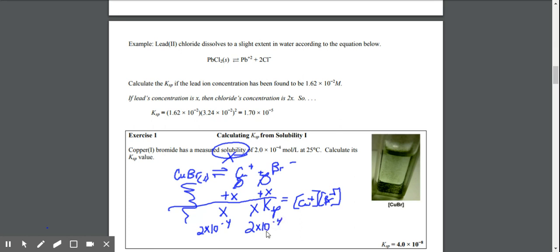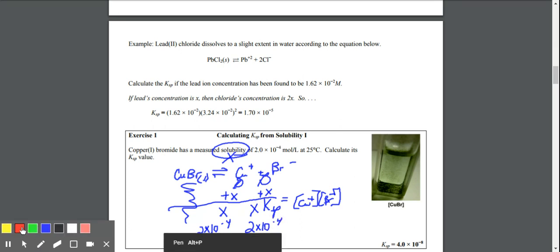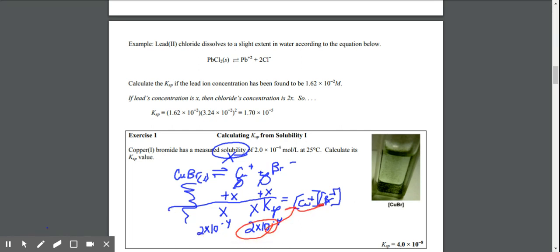And so now all I do is plug these two values into my K expression. So Br minus and Cu plus. Those values are going to be plugged into my Ksp expression, and you'll solve for your Ksp, which is 4 times 10 to the negative 8th. So you see how this is not any different, except X has a code word, and that code word is solubility.